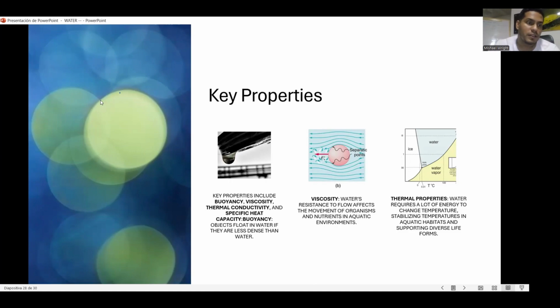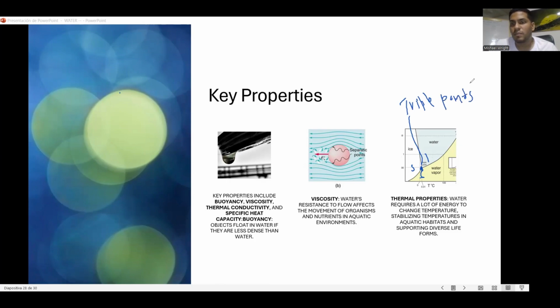And finally, we have the thermal properties, and this is what we call the triple point. In the triple point, you're going to find different states such as a gas state, a solid, and a liquid state. They will encounter each other here, and this is what we call the triple point.